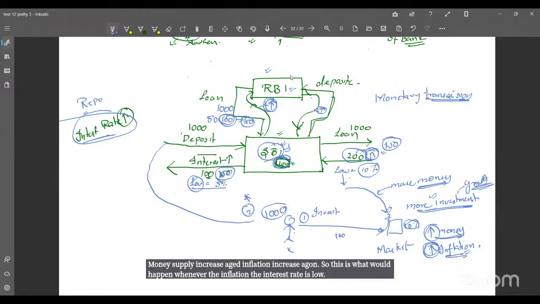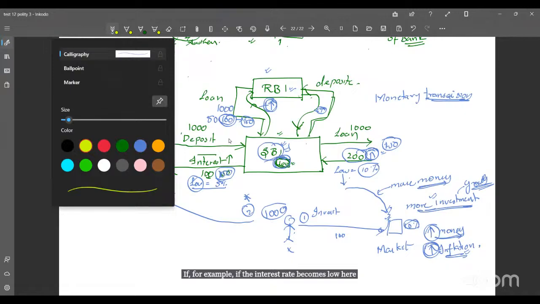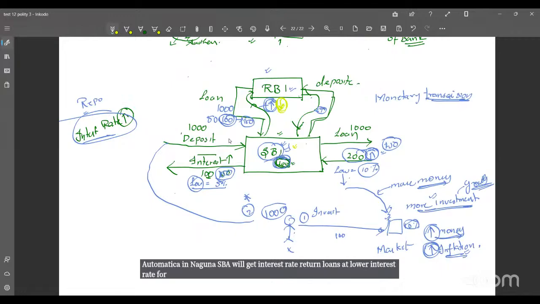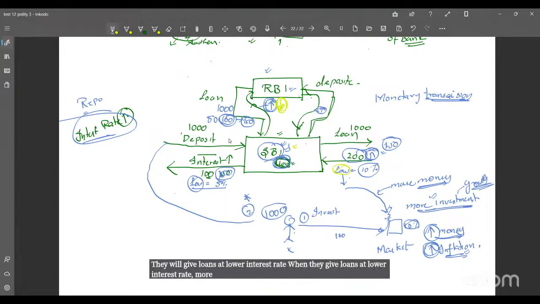For example, if the interest rate becomes low here, say RBI reduced the interest rate, automatically SBI will get funds at a lower interest rate, and they will give loans at a lower interest rate. When they give loans at lower interest rate, more people will borrow. When more people borrow, more money supply in the market.